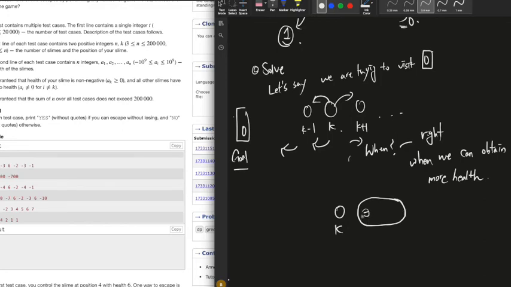So there will be a minus line or plus line, and the total health for this group should be greater than 0, right? If it's not greater than 0, there's no reason to go right side.